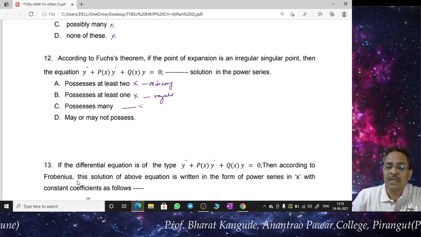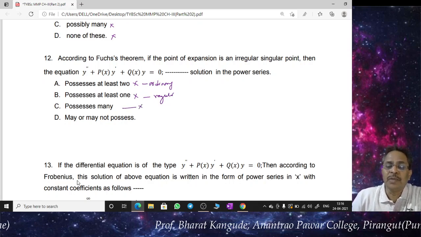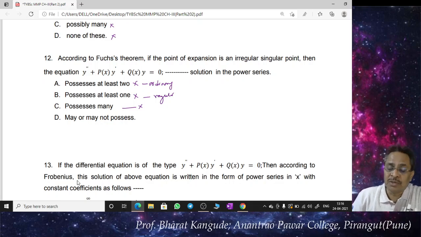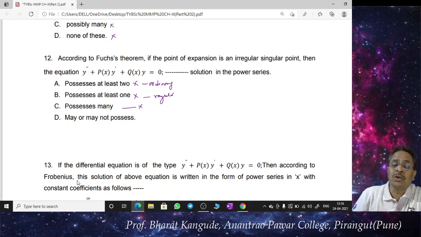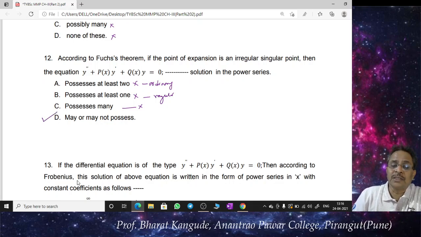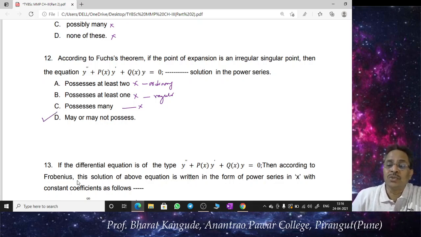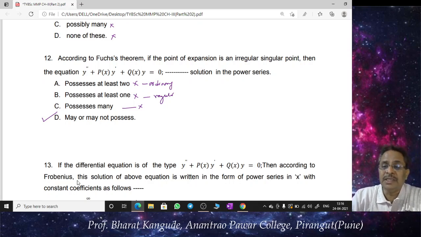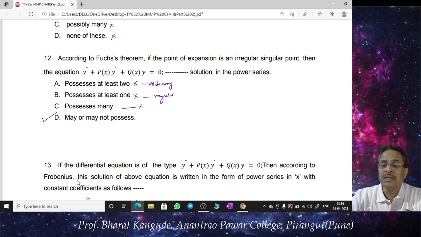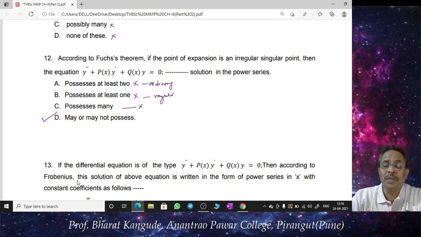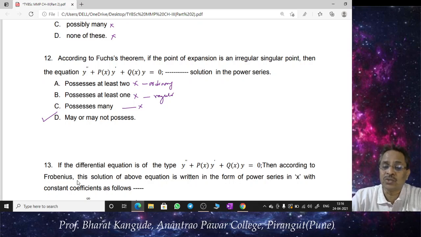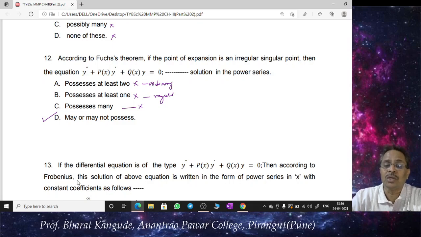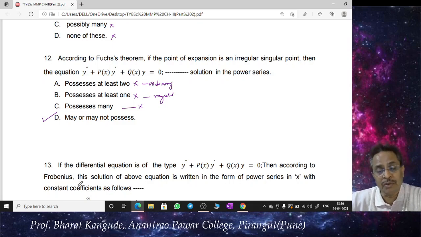Many solutions are never possible, and this method doesn't guarantee whether we will get a power series solution for a given differential equation or not. That's why option D is correct: may or may not possess a solution in the power series. So provided the point of expansion is an irregular singular point, this Frobenius series solution method does not guarantee we will get a solution there.